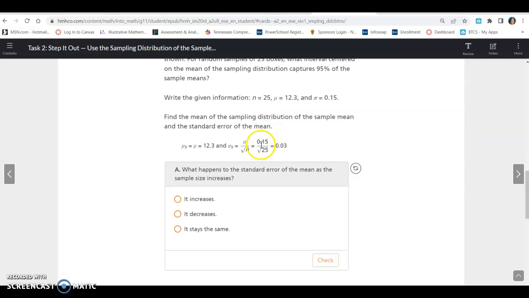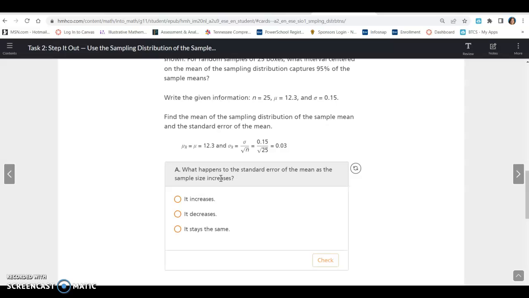All right, so we're going to have standard deviation, that's given, 0.15, and we're going to divide that by the square root of 25. Square root of 25 is 5. So we're really doing 0.15 divided by 5, and that gives you 0.03.